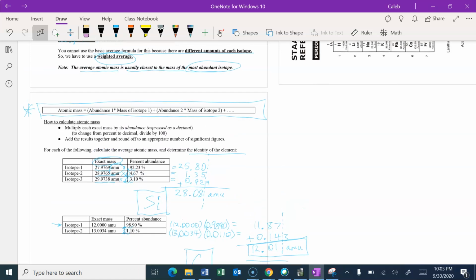Up here, my average atomic mass should be really the closest to isotope 1 again, because isotope 1 has 92%. Well, that's about 28, and this is really close to 28. So it's a good way to check your work. So try your hand at a few of the practice problems and be ready for the next video.